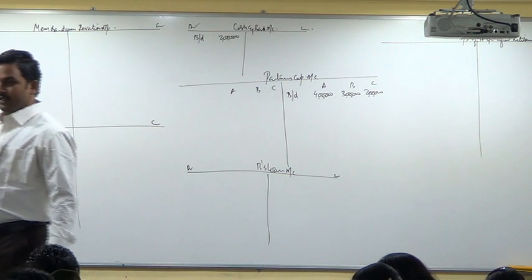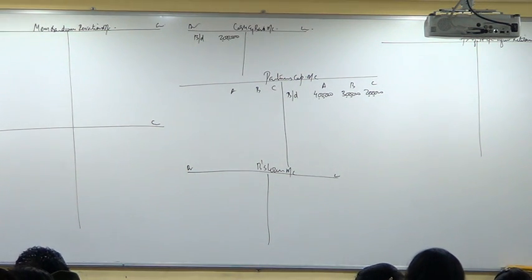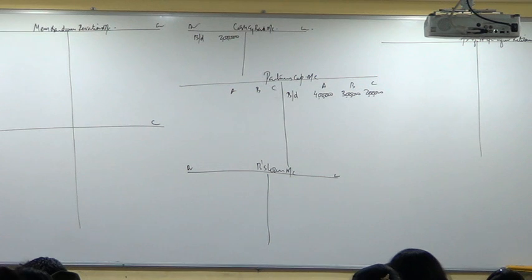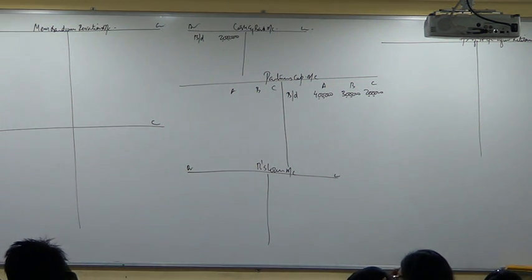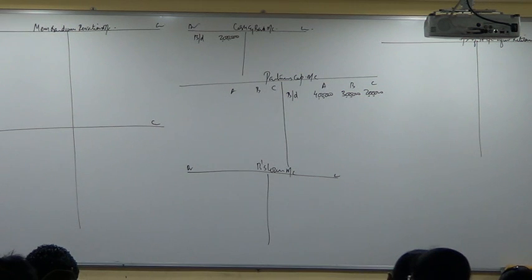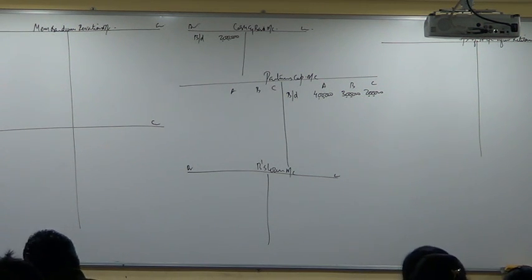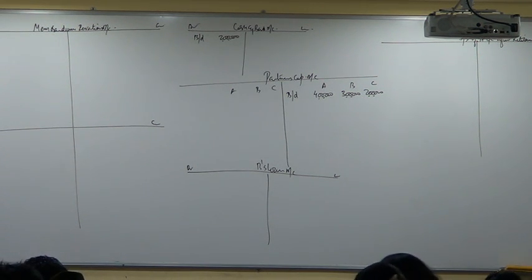B is leaving 2/6 share for the remaining partners. See, after I retire, I cannot ask a share now. So the remaining partners are going to take your share. 2/6, you will say. Next, gaining ratio of A and C.